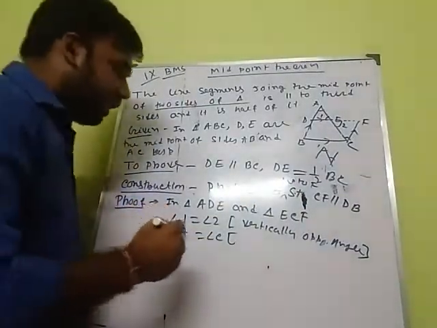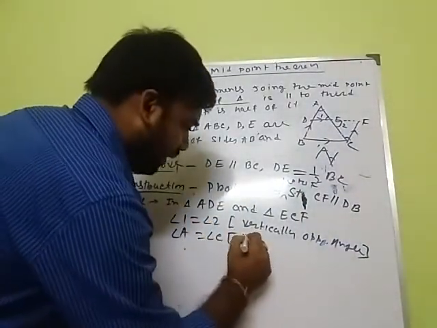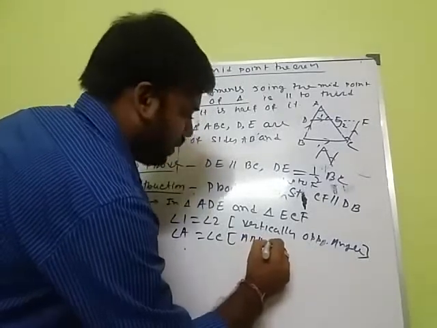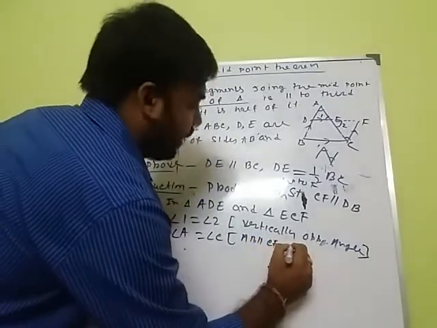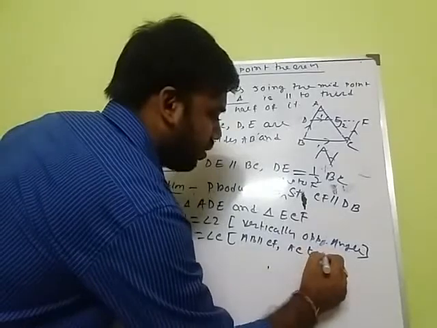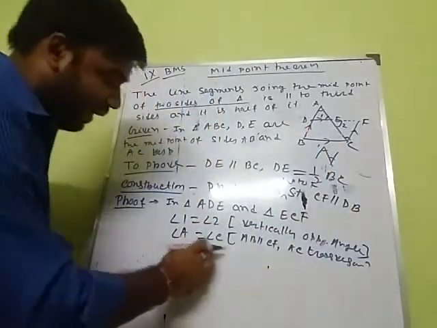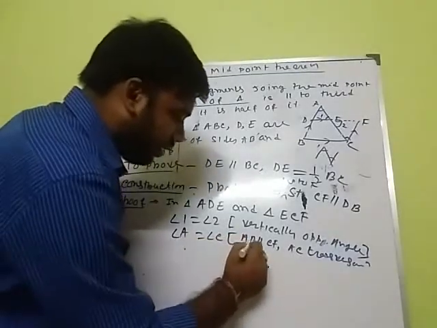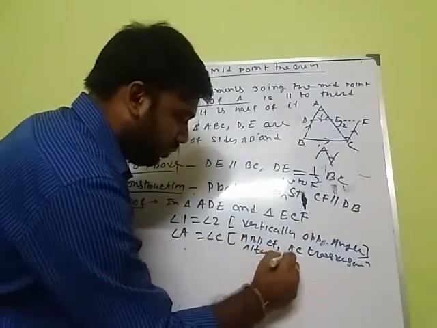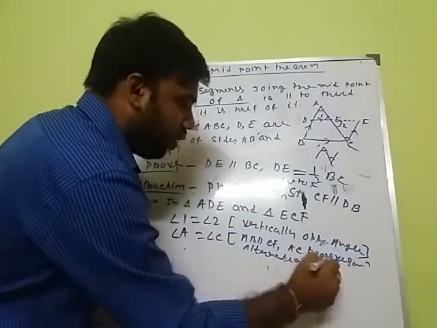So angle C equals angle A because AB is parallel to CF and AC is the transversal. These are the alternate angles.